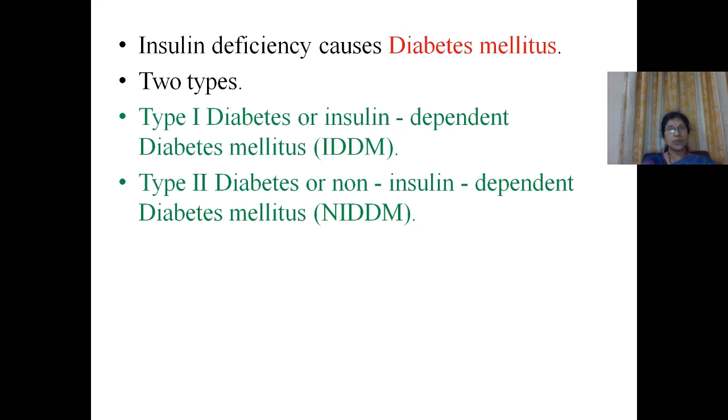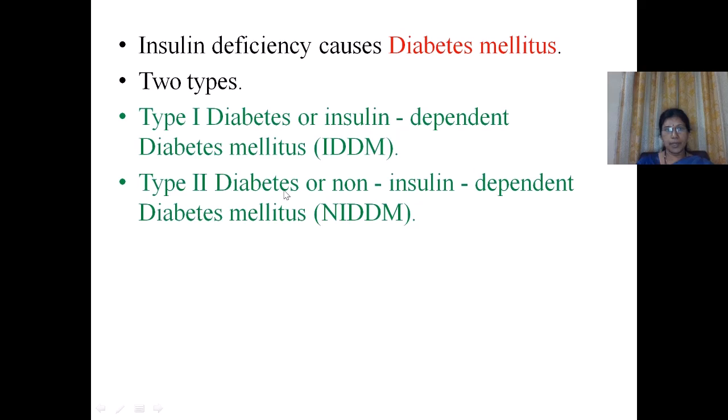The destruction of the beta cells may occur due to drugs, viruses or autoimmunity. Type 1 diabetes occurs in children, hence it is also called juvenile diabetes. Out of the total known diabetics, type 1 accounts for 10%. Type 1 diabetes is treated by insulin injection.